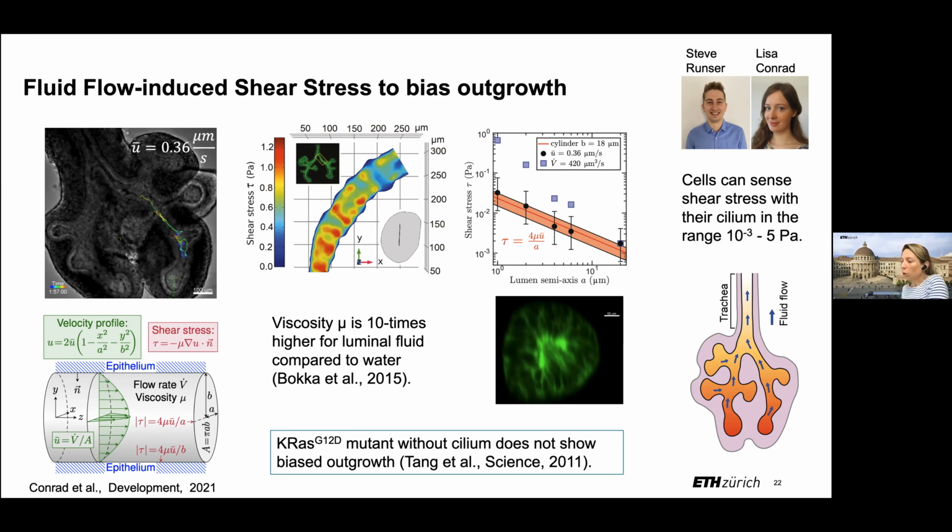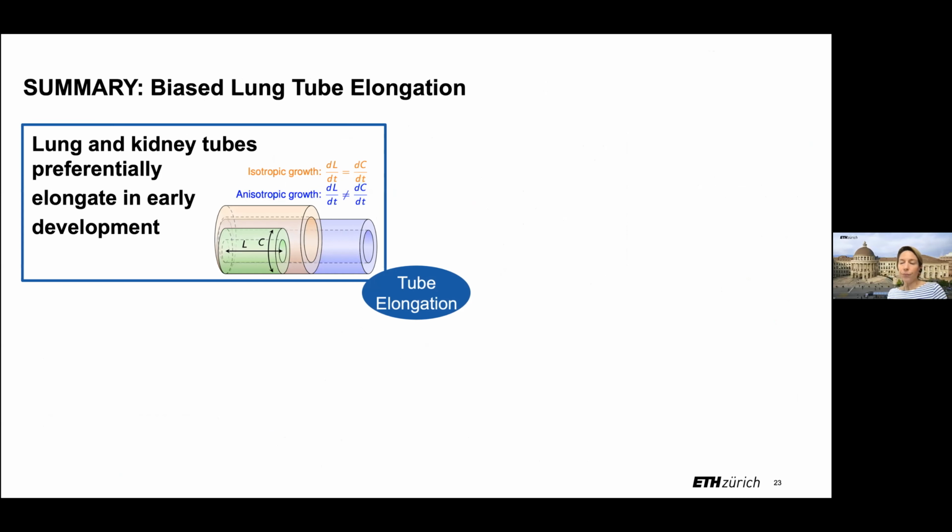And so we would conclude that fluid flow inside the lung is causing shear stress, which the cells are sensing, and translate that into a biased cell shape, which then leads to biased cell division, which then leads to biased outgrowth.